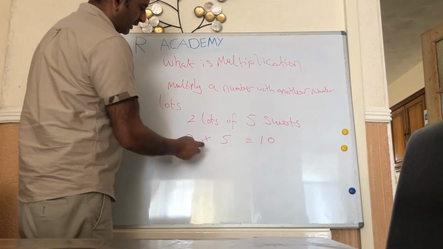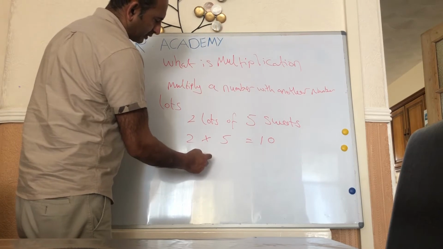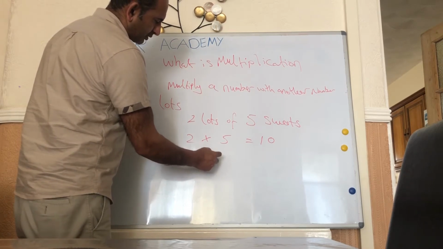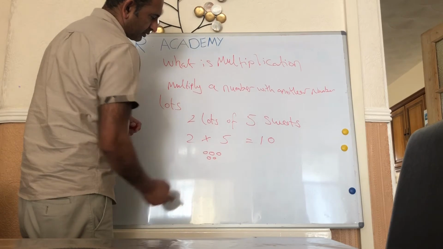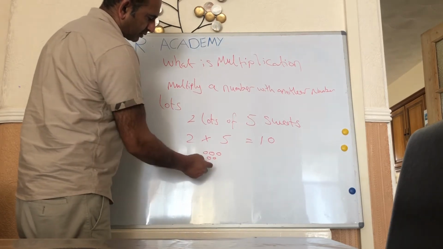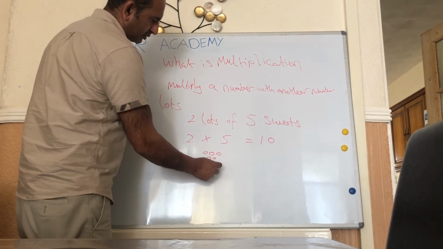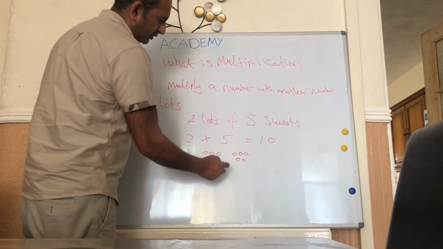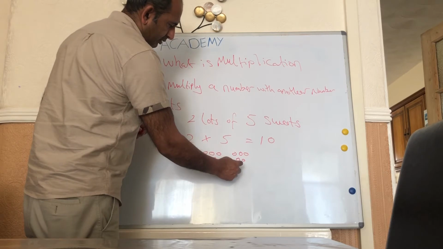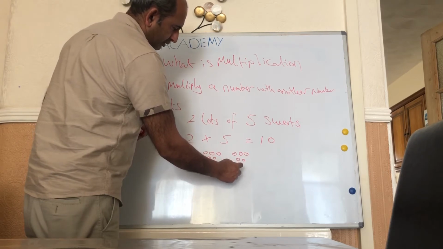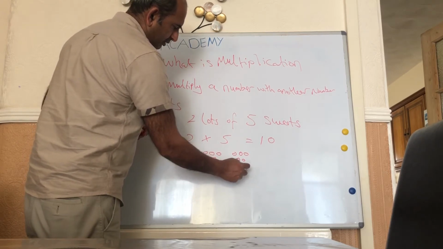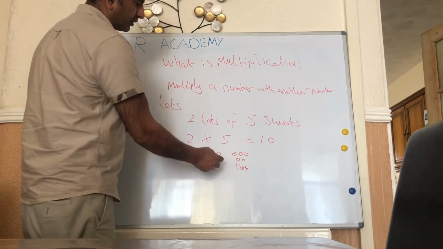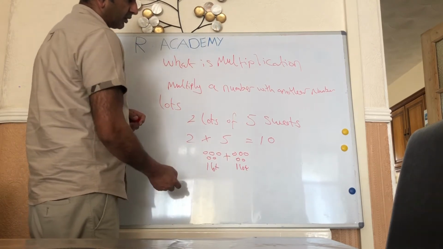So further explained would be 5 sweets, 1 lot, and another lot of 5 sweets, one lot and 1 lot of 5 plus, which makes it 10.